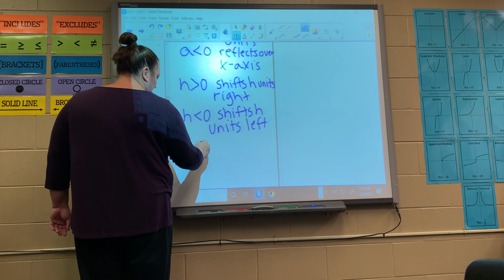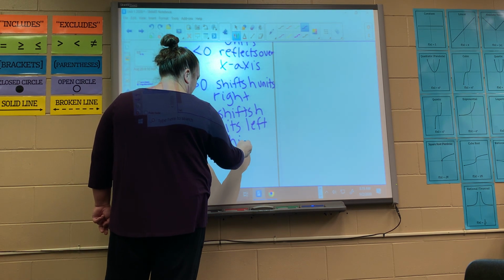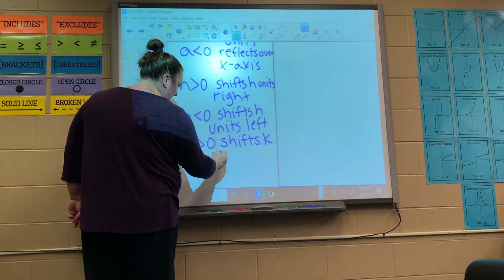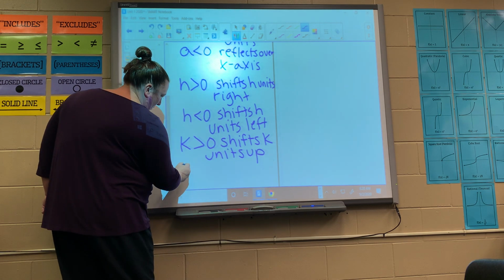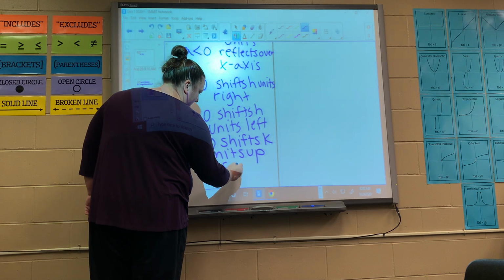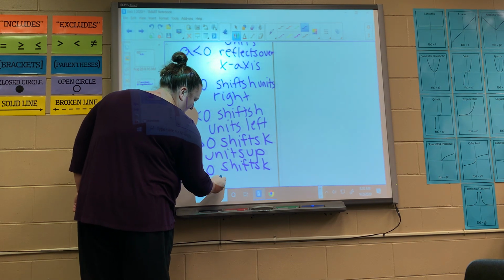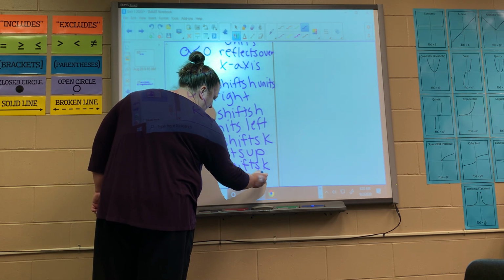When K is greater than 0, shift K units up, and when K is less than 0, it shifts K units down.